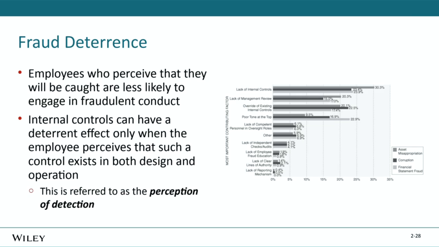Internal controls can have a deterrent effect, but only when the employee perceives that such a control exists in both design and operation. That's the perception of detection. I think I mentioned the computer room at a college where people were stealing equipment, and they put a closed circuit camera on the wall in the back of the room.